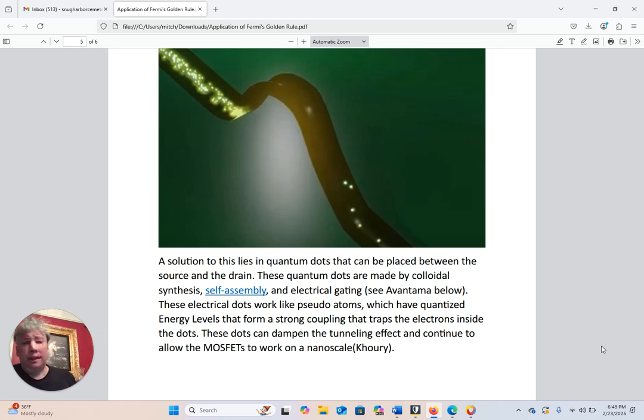The bottom line is that the etching can probably continue, making these MOSFETs smaller and smaller, as long as we're developing quantum dots between the source and the drain. So I really thought this was cool.